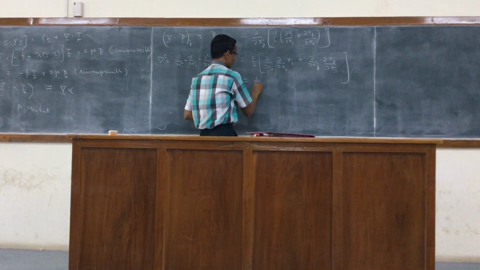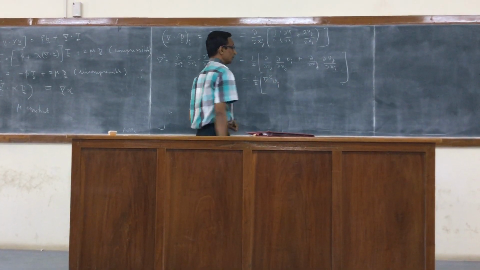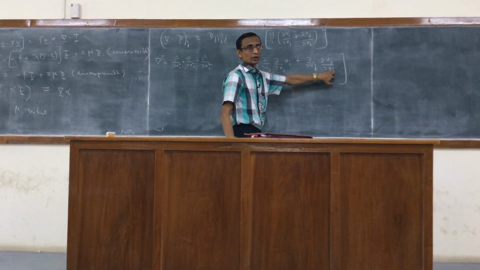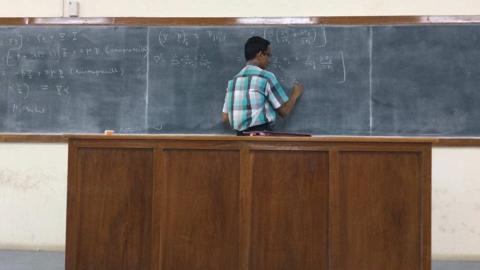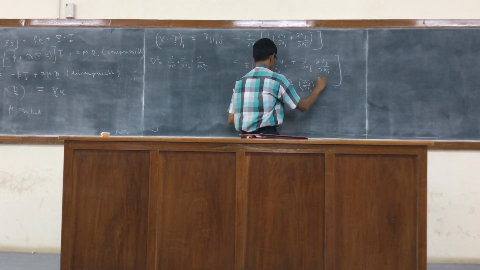So that is half of this. If I interchange the order of differentiation, I get d by dx_i of dv_j by dx_j.